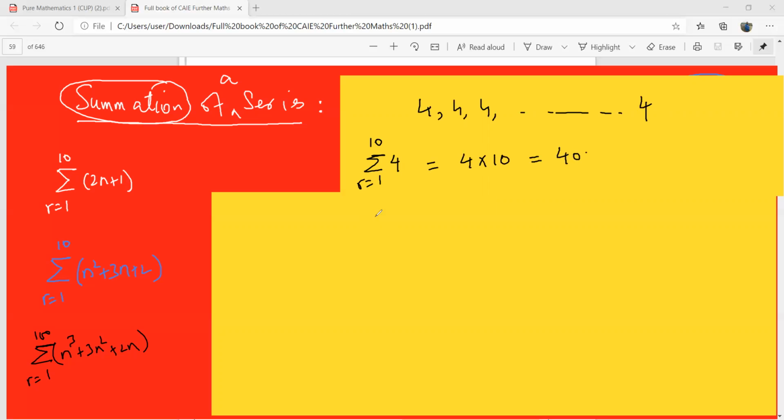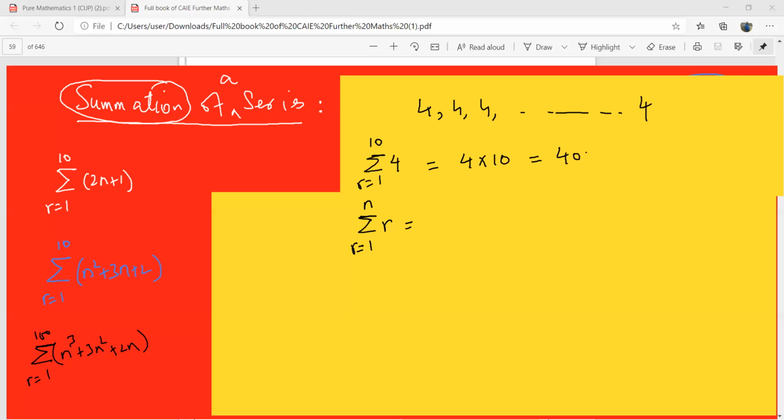Now make me recall these formulas. For example, this is r from 1 to n, and you have just r over here. What is the sum of the series for a linear one, which is just r over here?